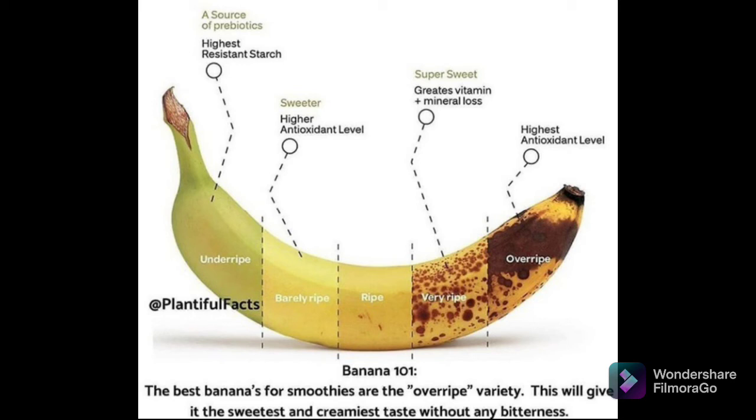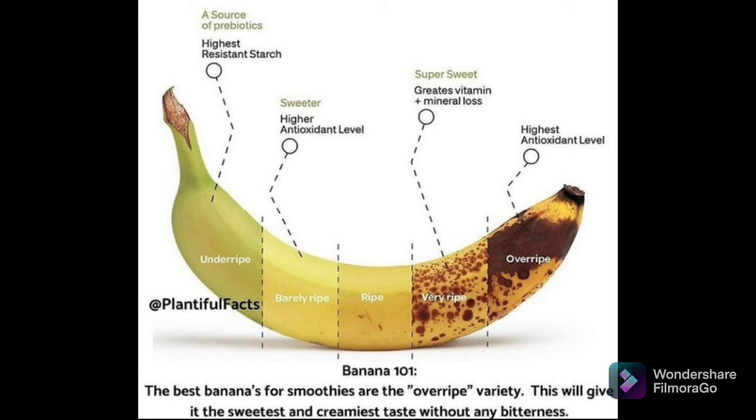Prebiotic is a non-digestible food ingredient that promotes the growth of beneficial microorganisms in the intestines, and it has the highest resistant starch that is processed and formed into different desserts or snacks.